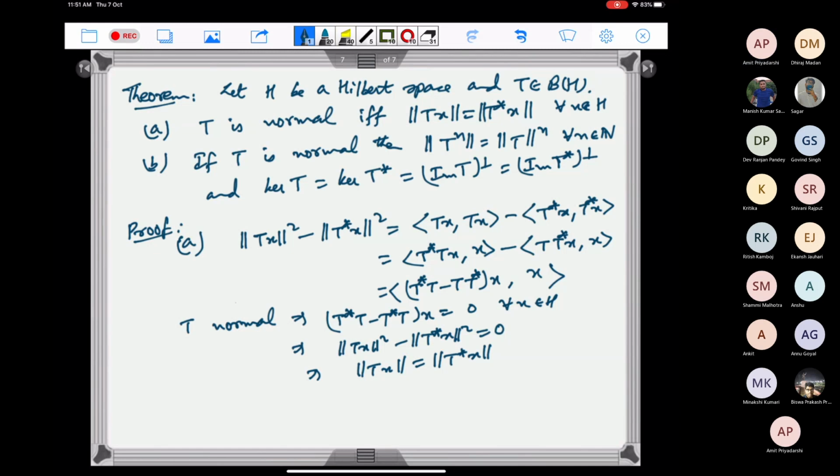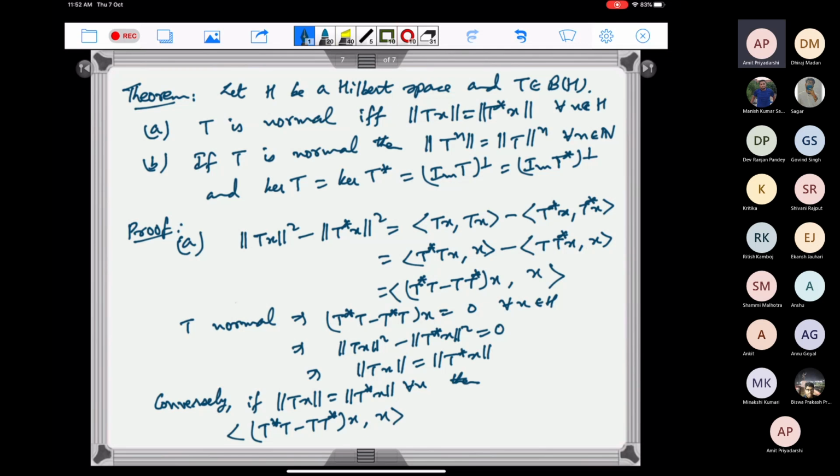Conversely, if norm of Tx is equal to norm T star x for all x, then T star T minus T T star, x with x, this is equal to 0 for all x, and this implies that this T star T minus T T star is equal to the 0 operator.